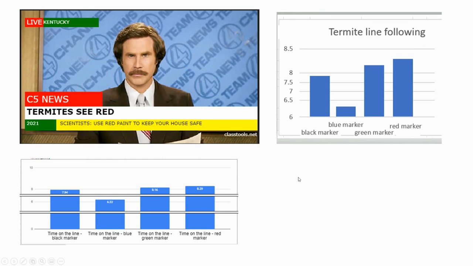And there's lots of things wrong with this chart, right? The least of which is the big difference here is clearly between the blue marker and the red and the green and the black, right? That's really where the big difference is. So there really isn't a difference between the red and the green and the black. And there clearly was a manipulation happening in the scale on the left.